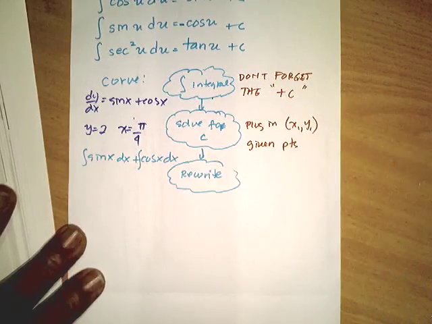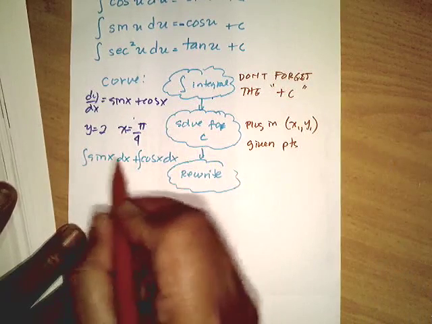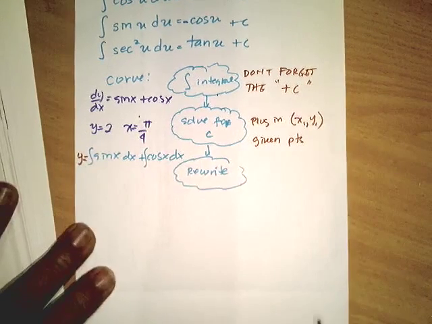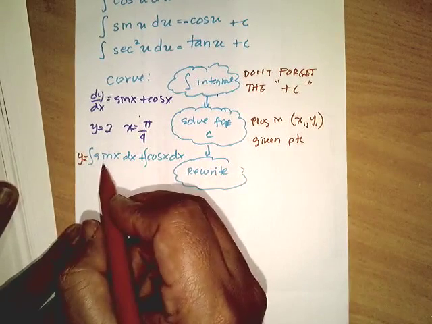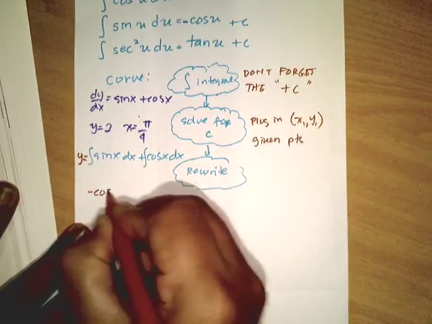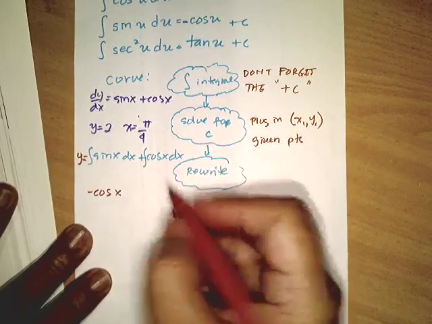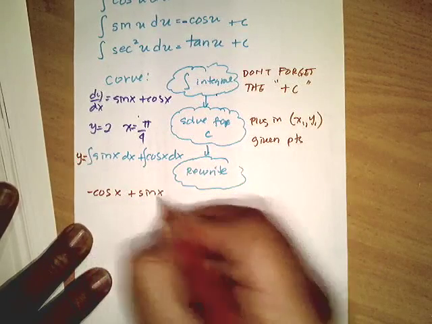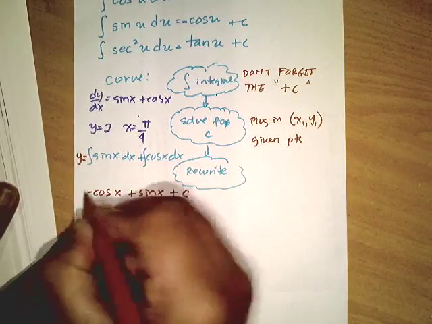Then y is equal to the integral of sine x, which is negative cosine x, and the integral of cosine x is positive sine x plus some number c.